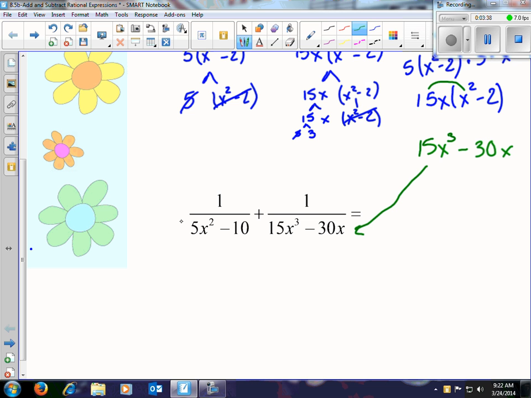So I can multiply by 3x on the top and bottom, because if I multiply by 3x on this piece, then I have 15x cubed, and 3x times negative 10 is negative 30x.